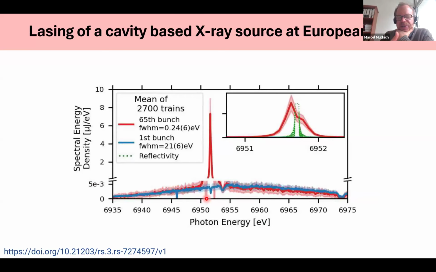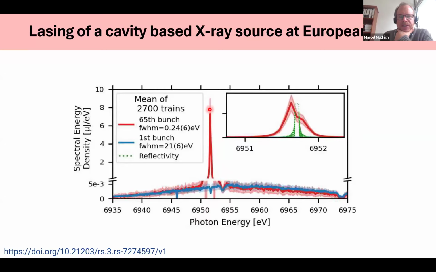Then we get a very narrow spectrum, like a real laser emission spectrum, just like we know it from regular lasers. But in this case, you can see it's almost 7 kilo electron volts. So this is in the hard X-ray regime.